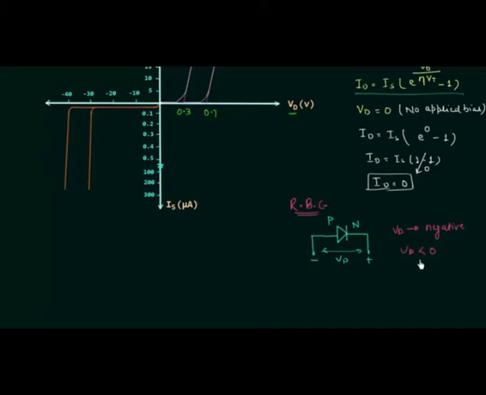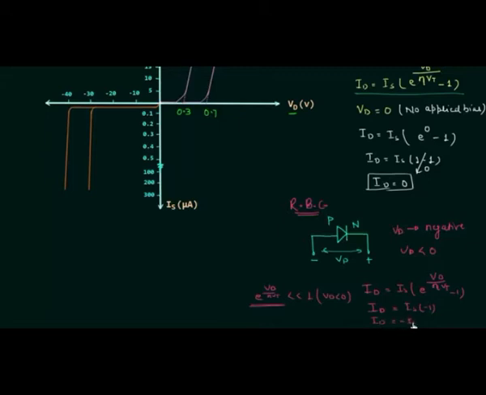Now since VD is negative, e raised to power VD by eta VT is less than 1, so we can neglect this term, and we will have ID equals IS times minus 1, or ID is equal to minus IS.